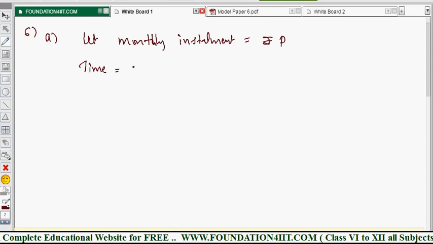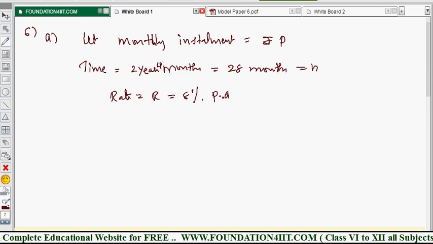So the time is 2 years 4 months. 2 years is 24 plus 4, total 28 months. So it will be n. So n is equal to 28. And rate of interest is given, that is R, 8% per annum. Rate of interest is always per annum only.